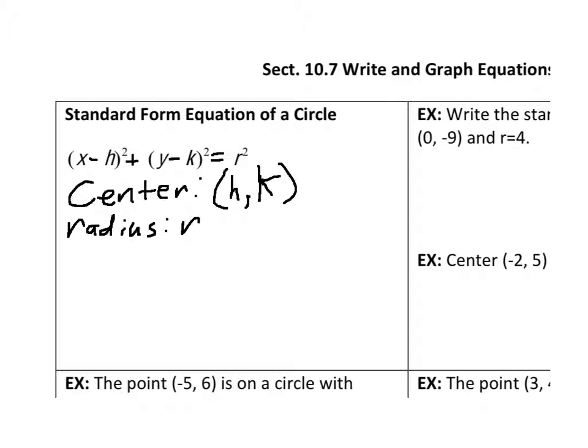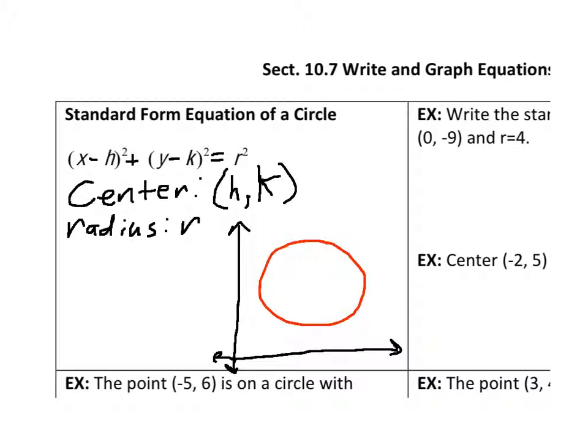Okay. Let's give you a picture here real quick of what's going on. So if I give you a circle, let's change the color. Okay, so we start with a circle.